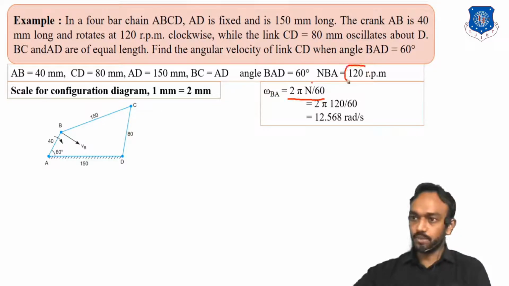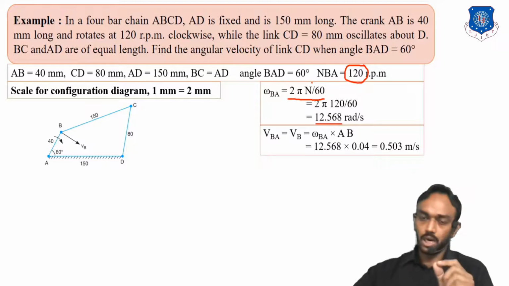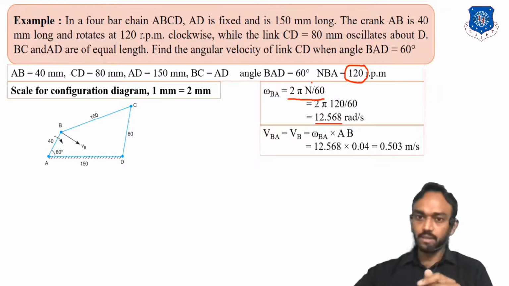N is the RPM, 120, and you get 12.56 radian per second. You know the relation between angular velocity and linear velocity.